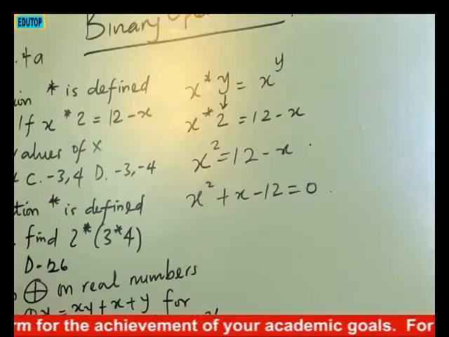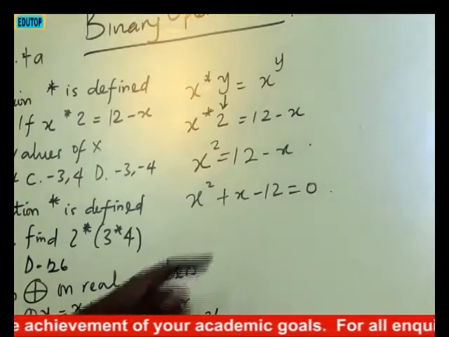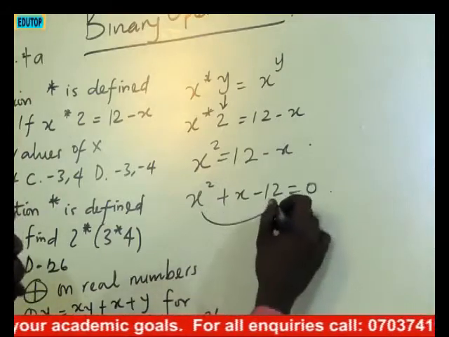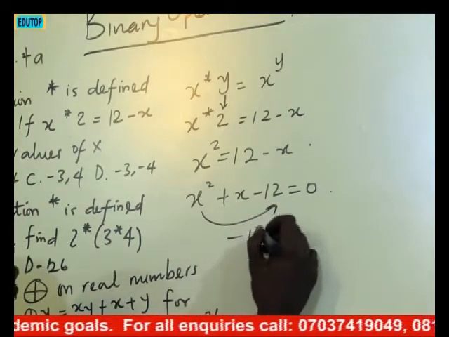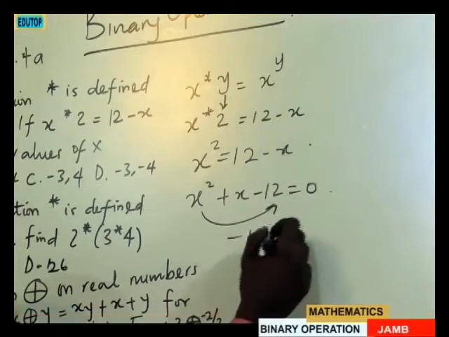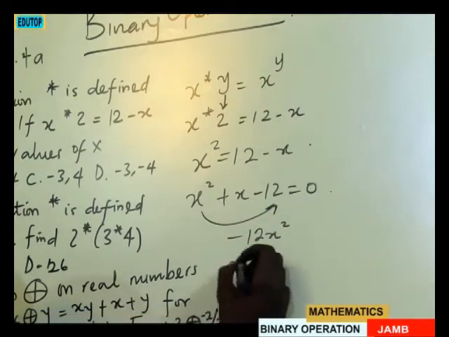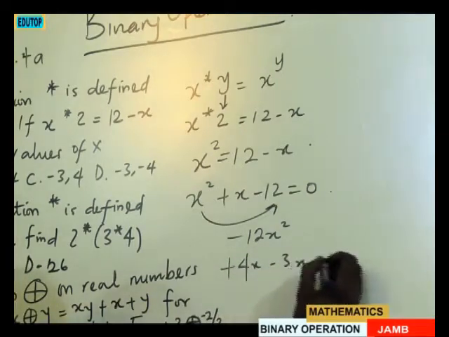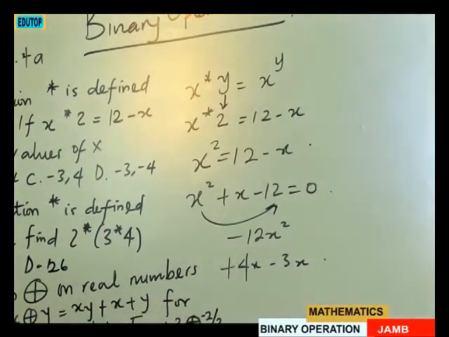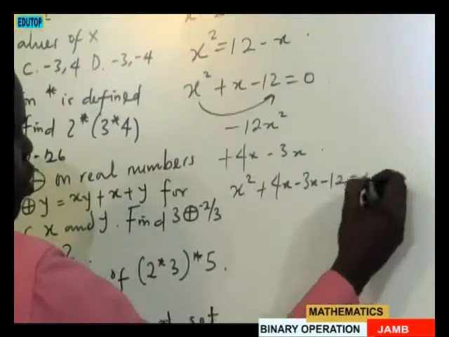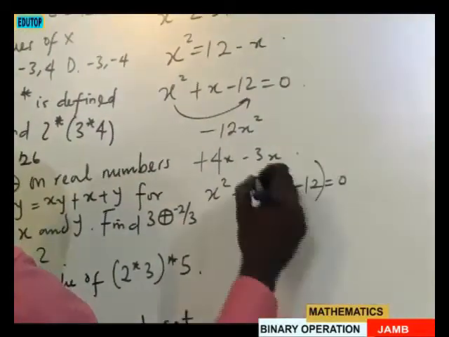So this has taken us to what is known as a quadratic equation. In the quadratic equation, we multiply the first and last coefficients, giving us minus 12x squared. So we look for two factors of this whose addition or subtraction will give us the one in the middle. It will be no other than plus 4x minus 3x. So here we have x squared plus 4x minus 3x minus 12 equals 0.